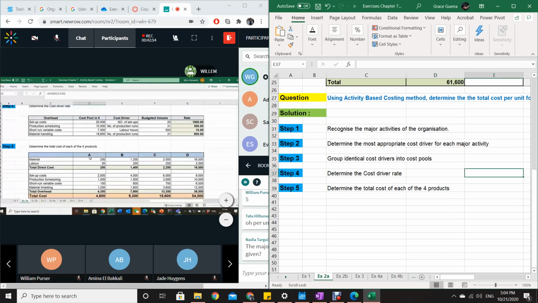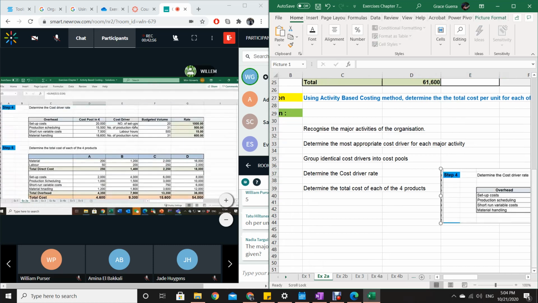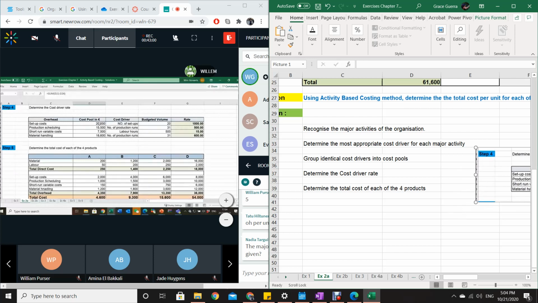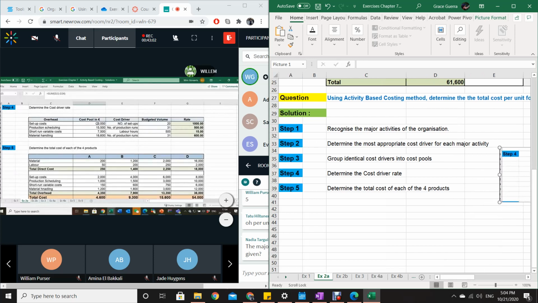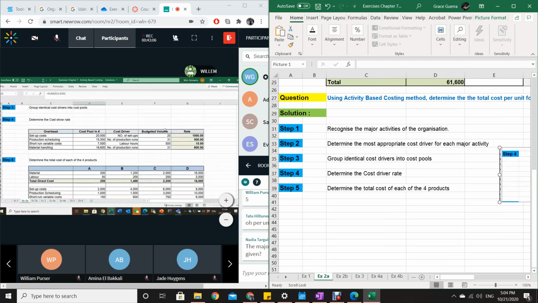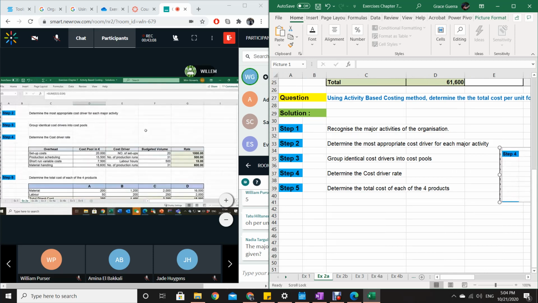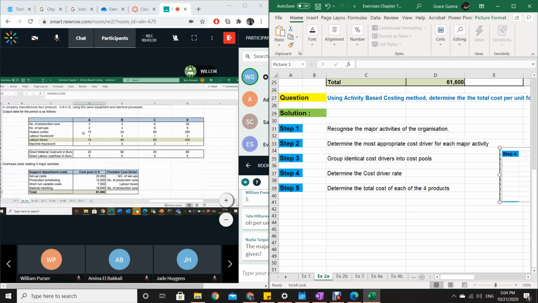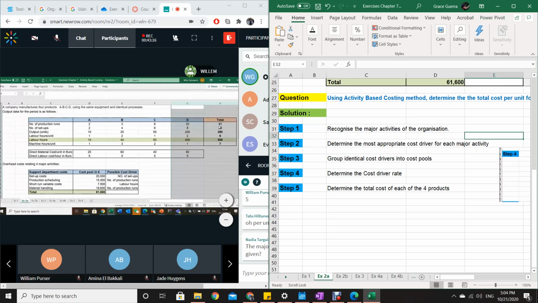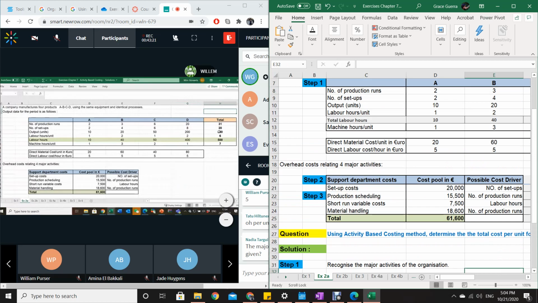So when we see the cost driver and the rate, we divide the cost pool overhead cost by the total volume of the setups in this case. So the total volume of the setups, I have highlighted this also here. What is important is that you always calculate the totals.